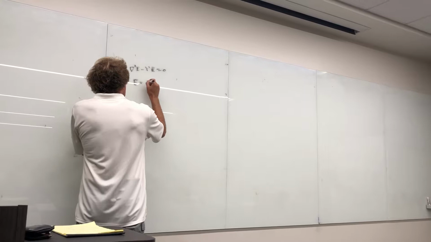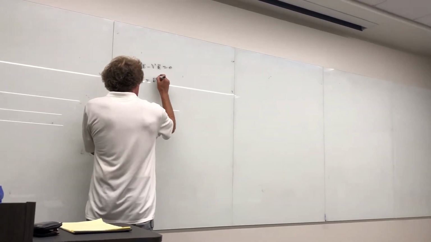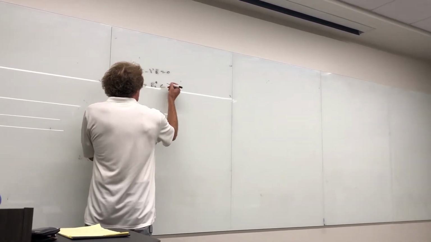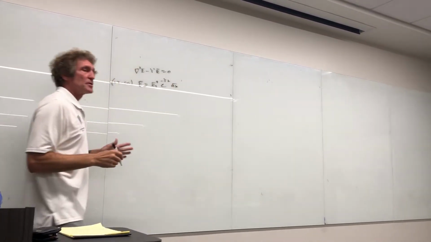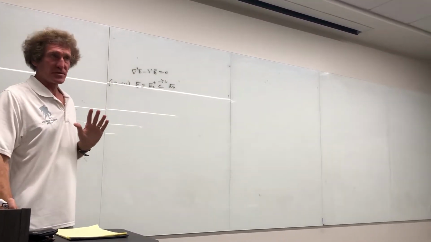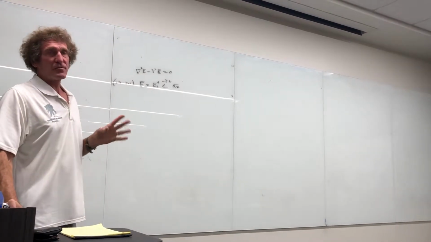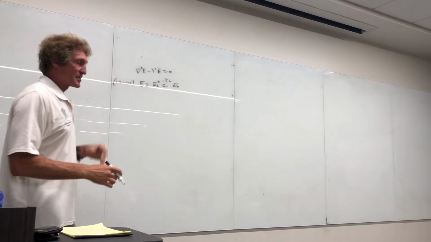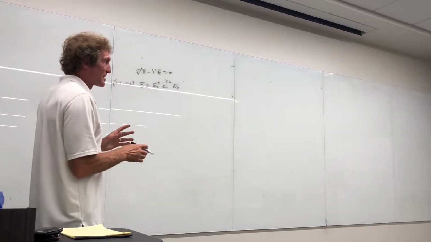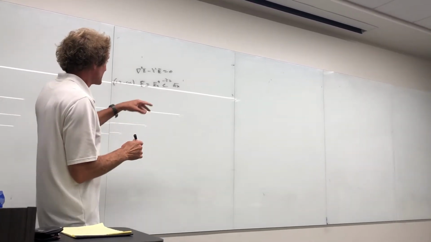E is equal to some E naught plus, right here, times e to the minus gamma z a_x. And I'm just doing the positive traveling wave because I don't want to make this too cluttered. For the negative traveling wave, the effects are the same, and it just gets a little bit cluttered with what I'm about to do.